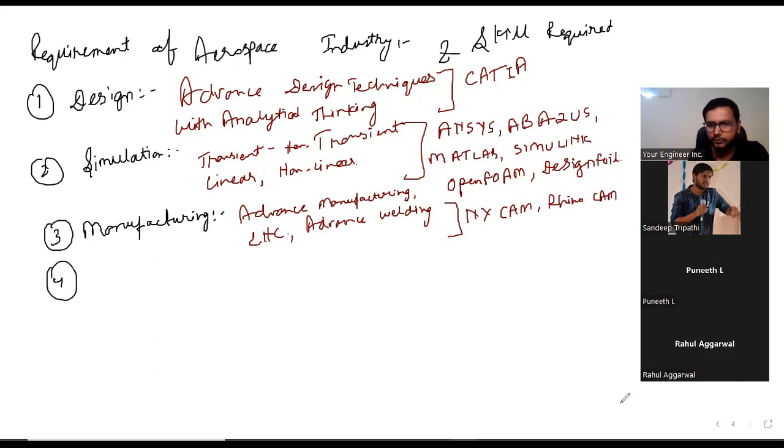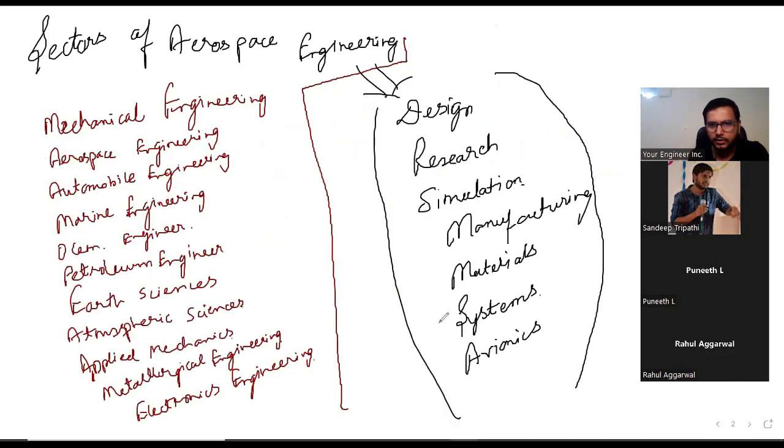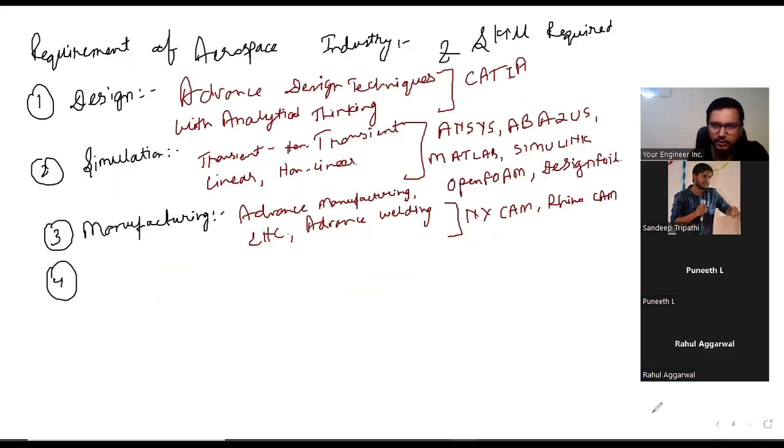Fourth sector, if you are going to see, research. Research means everything. Research is not related to something like that. Research means the whole of aerospace. So design, simulation, manufacturing, then materials, systems and avionics. Materials is there again.